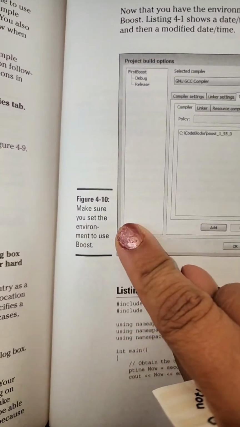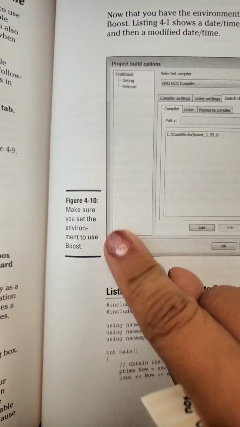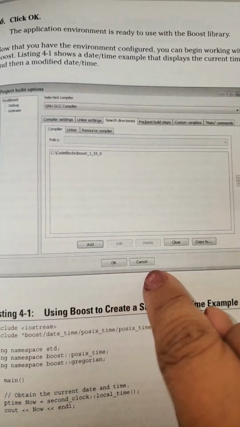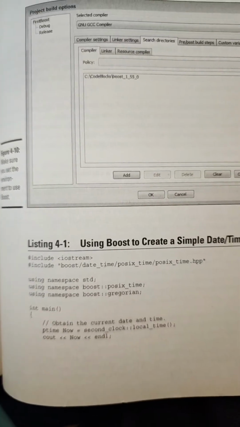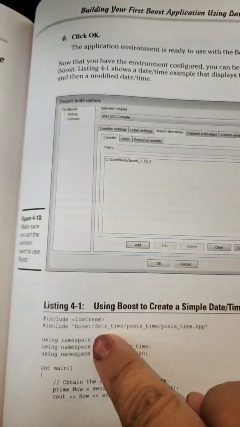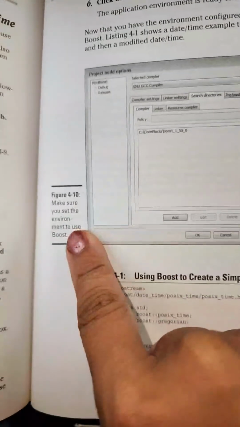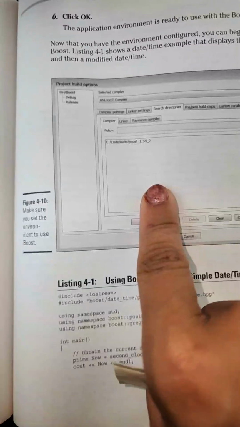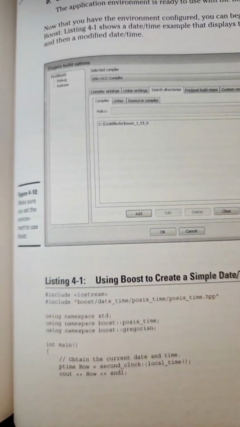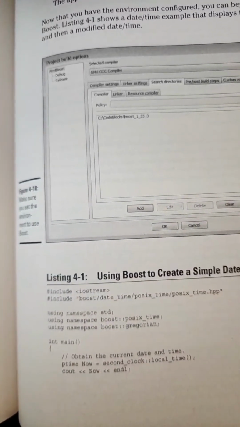This is Figure 4-10. Make sure you set the environment to use Boost. Okay, Listing 4-1, oh no, they did mean Listing 4-1. My apologies. This is 4-10 and this is 4-1, which is a listing. Okay, they were right. Listing 4-1, using Boost to create a simple date time example. Let's check it out.